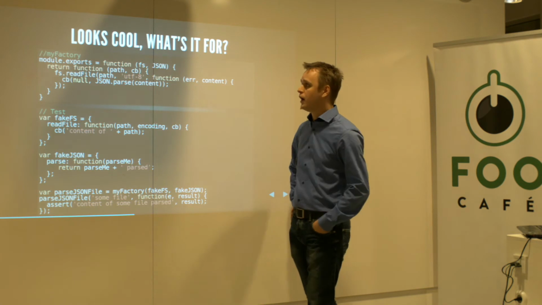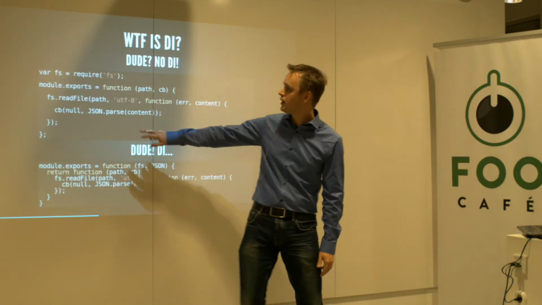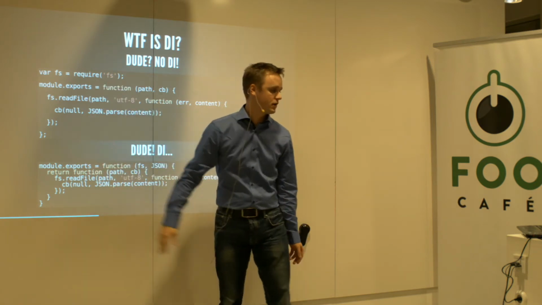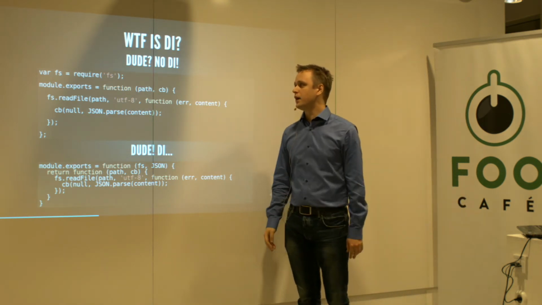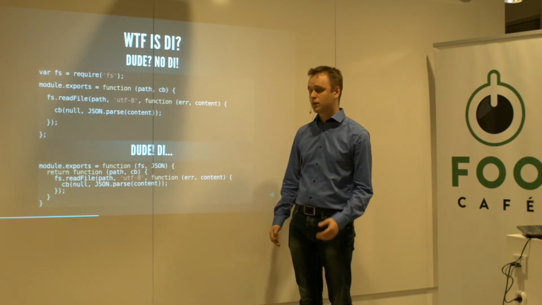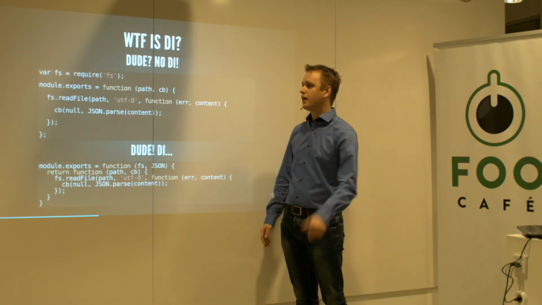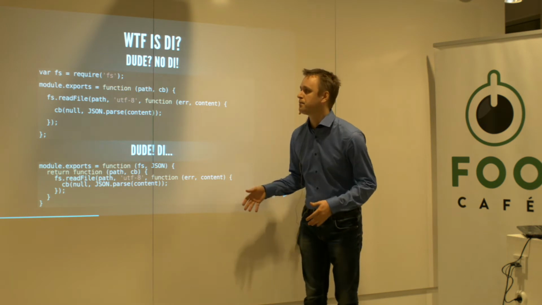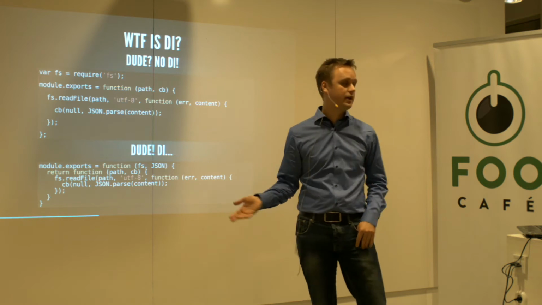If we explicitly, like in this case, use the file system available in Node and the global JSON object, the only way we could test this would be to actually have a file with actual valid JSON content, and then we could supply the path to that file and test, and we could check that what we get in our callback is the expected actual object.